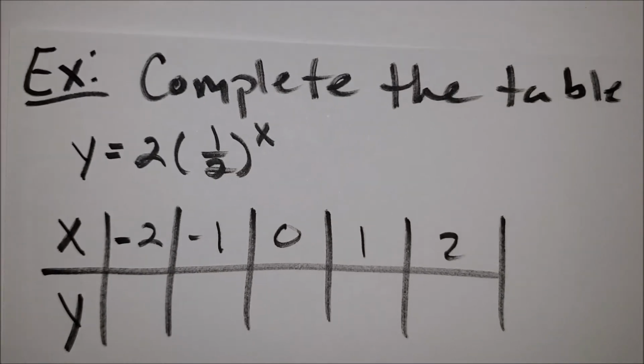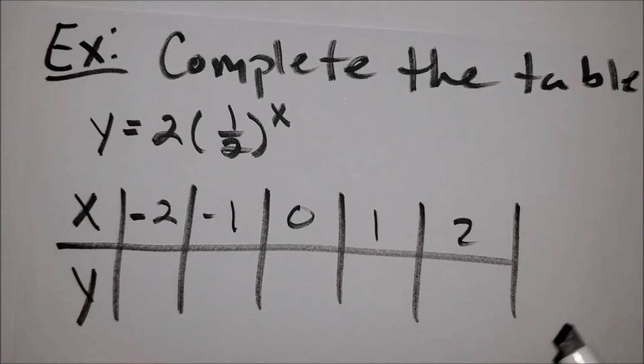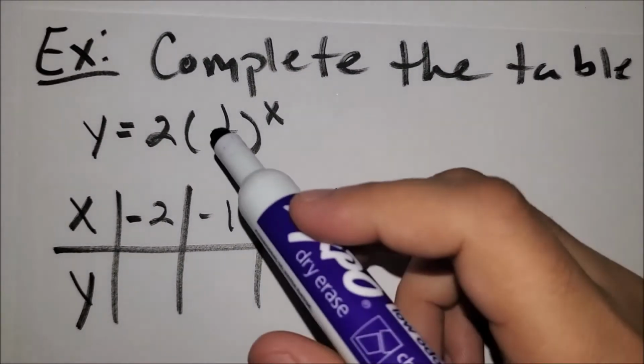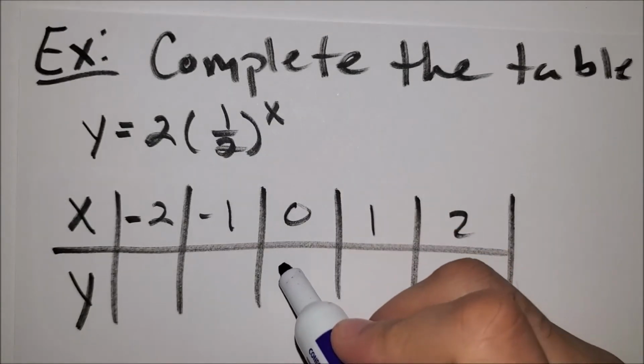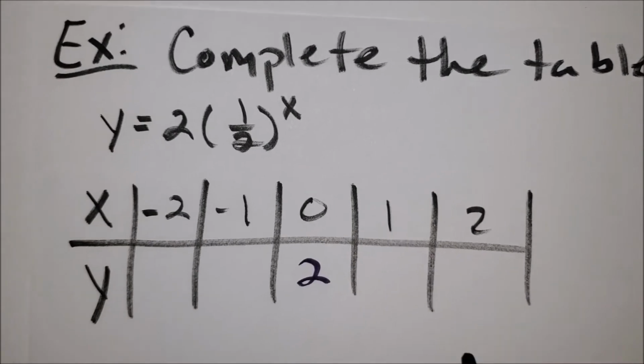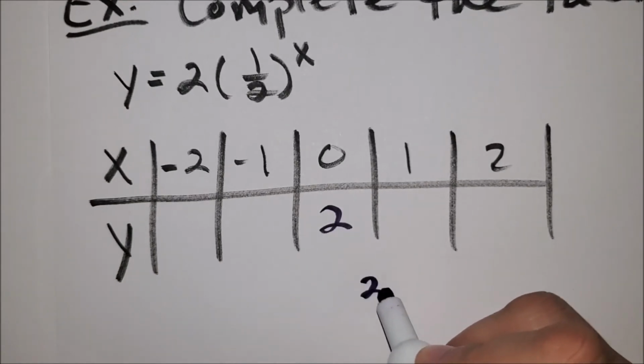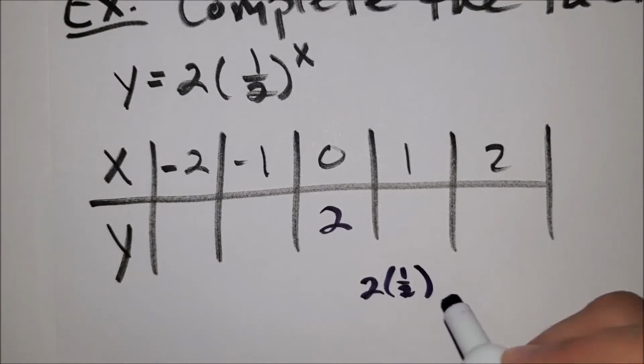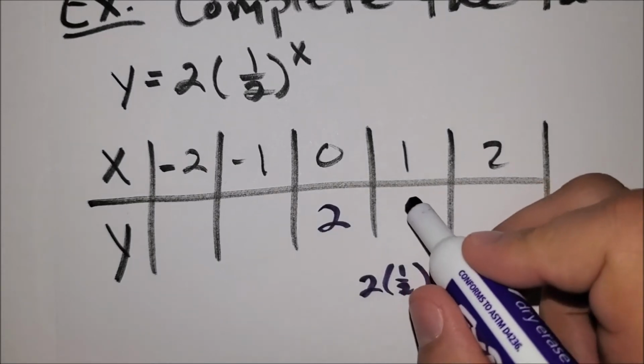So let's go ahead and look at one more of these, complete the tables. Here I've got y equals 2 times 1/2 to the power of x. So when x is 0, once again we're at our starting point of 2. When x is 1, we've got 2 times 1/2, and this gives us 1.